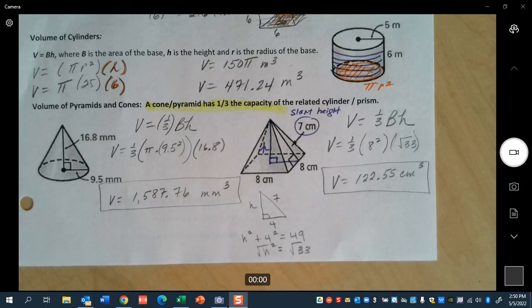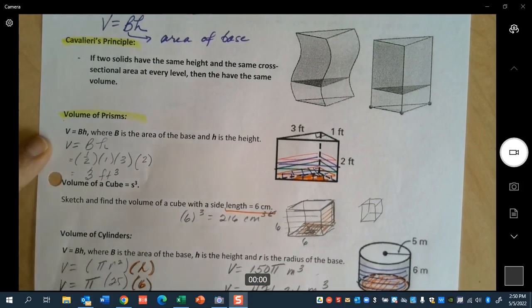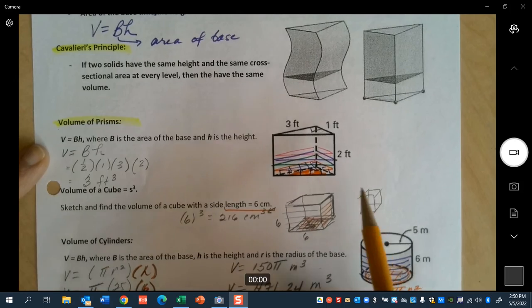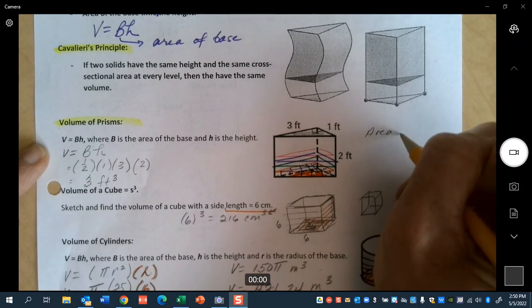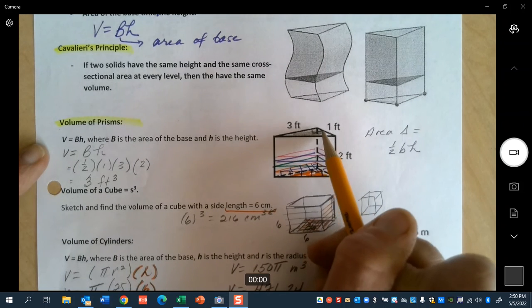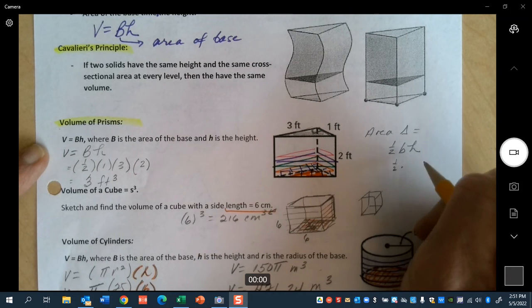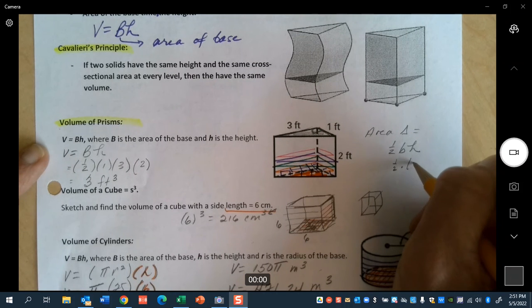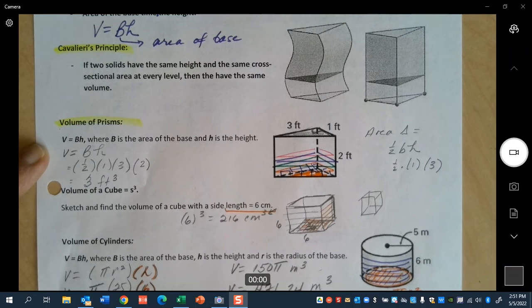Can you explain the volume of the prisms? That one kind of confused me a bit. The volume of the prism is the area of the base times the height. My area of the base, this is a triangle. So my area of the triangle is equal to 1/2 times my base times my height. I made this my right angle, so here's my base and here's my height. So it's 1/2 times 1, which is my base, and 3, which is my height.